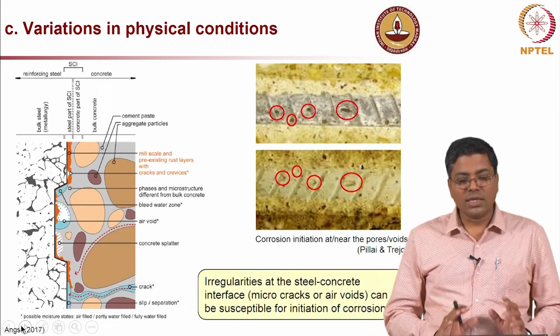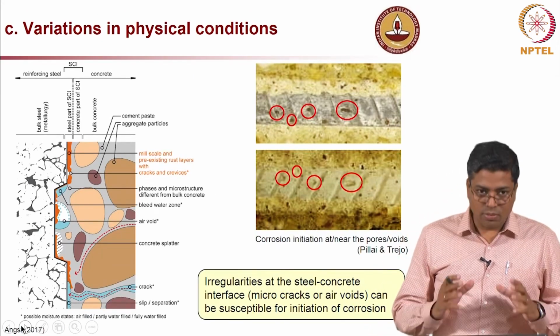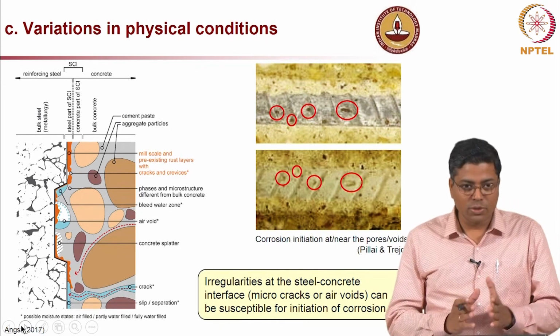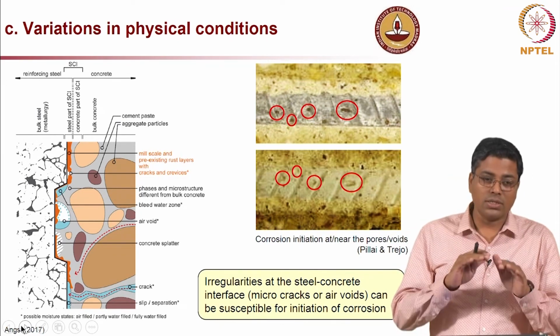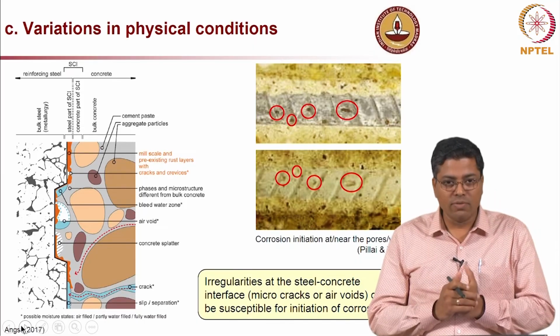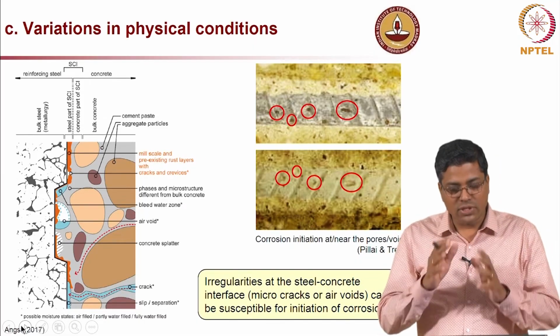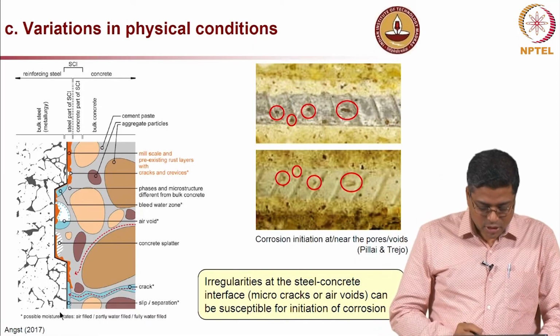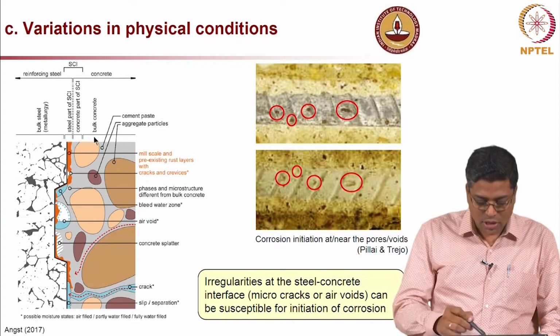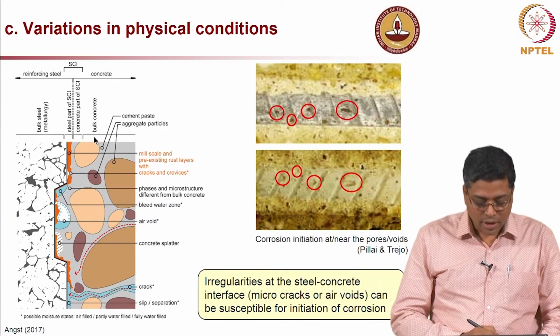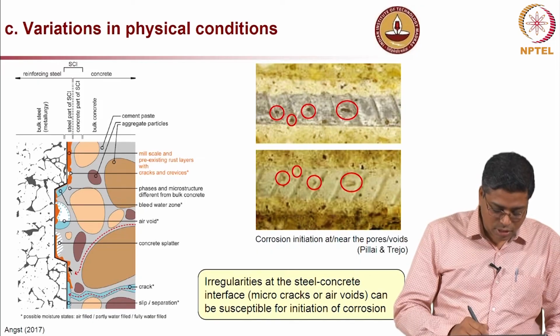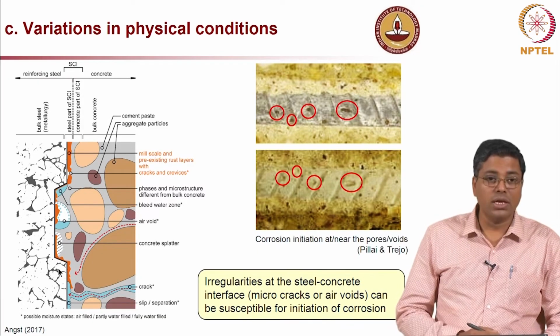Now, another thing is the physical condition. You know that concrete is a heterogeneous material, steel is also heterogeneous, and on the steel we have ribs, which cause some change in the physical conditions, the shape itself. So, for example, this is a detailed drawing showing what can happen at different points on the steel surface.